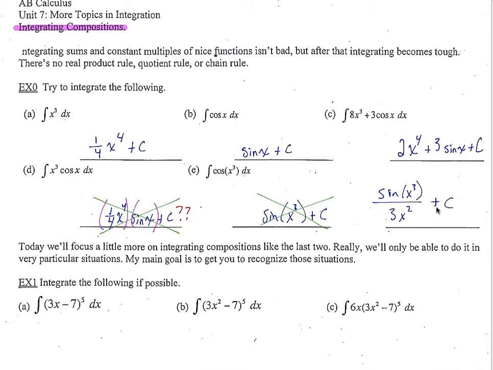Right? So this seems like a logical second attempt, but if you take the derivative of this, attempting to get ourselves back to cosine x cubed, now you have the quotient rule, the derivative of the first times the second minus the derivative of the second, and that is not going to simplify out to be cosine x cubed. So this doesn't work, right?